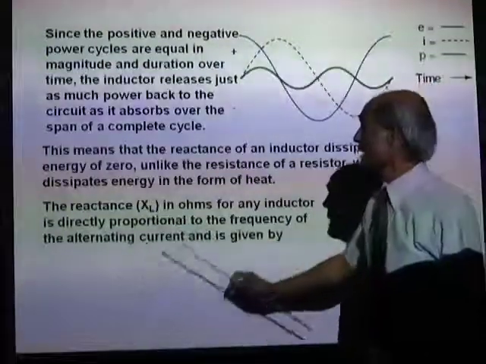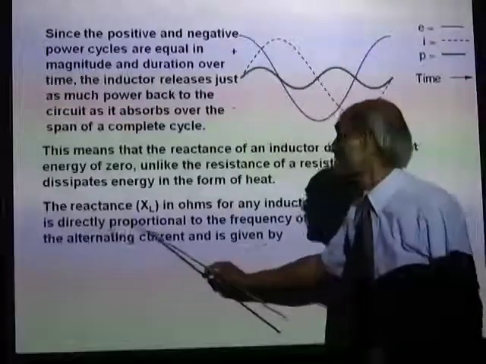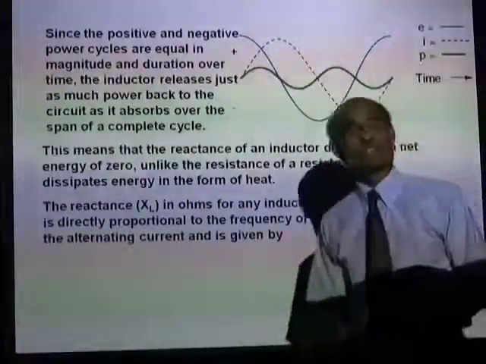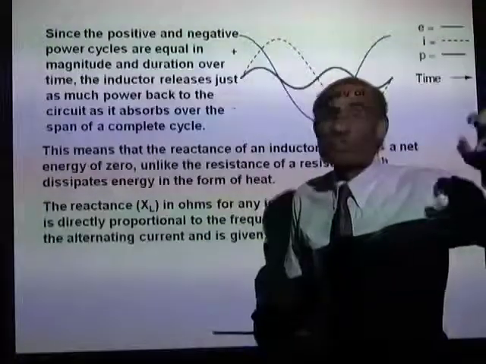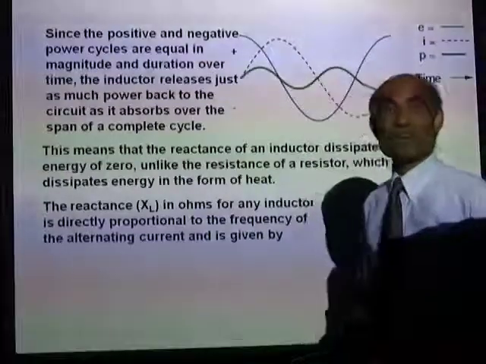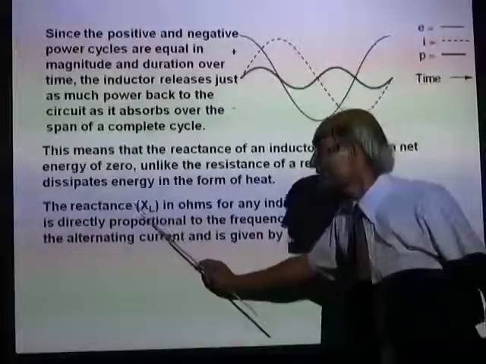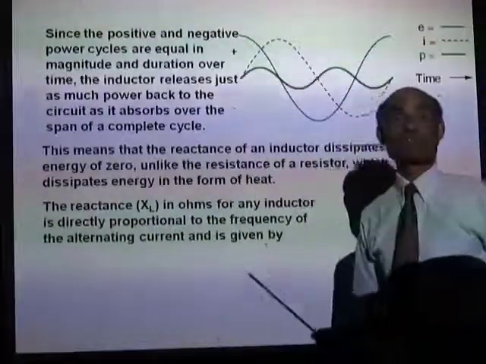The reactance XL in ohms for any inductor is directly proportional to the frequency. You must distinguish again here. For a capacitor, the reactance is inversely proportional to the frequency. For an inductor, the inductive reactance XL is directly proportional to the frequency.